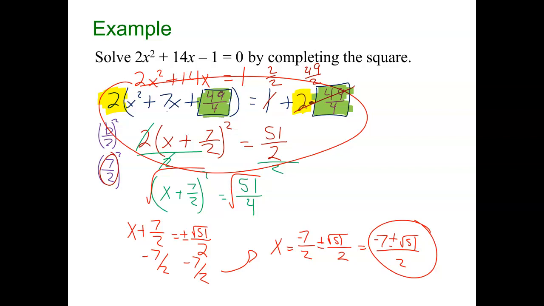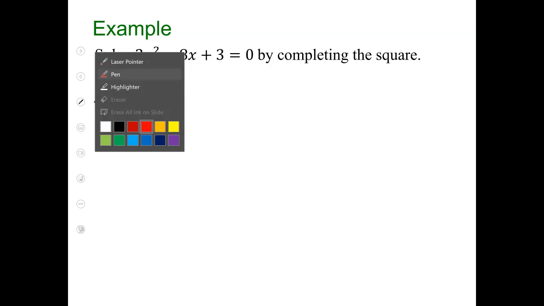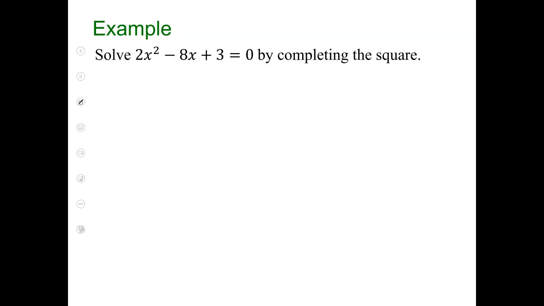All right. Step 1. The 3. Step 2. Factor out the 2, which leaves me with what inside the parentheses? Plus the box.